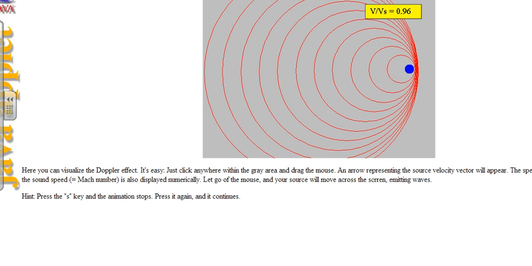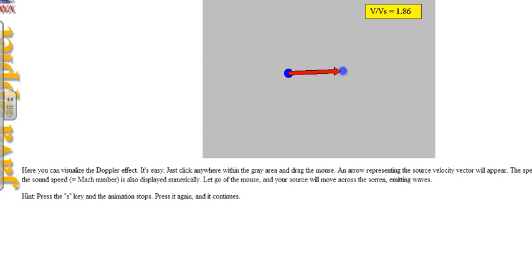So that's kind of important. Now what happens if the object goes faster than the waves that it's emitting? Well, then, notice my arrow turns red. We'll just do a little bit faster. Okay, so that's about 4/3.